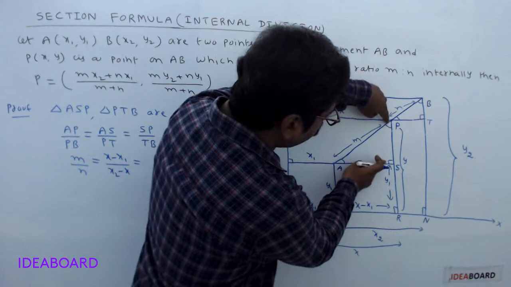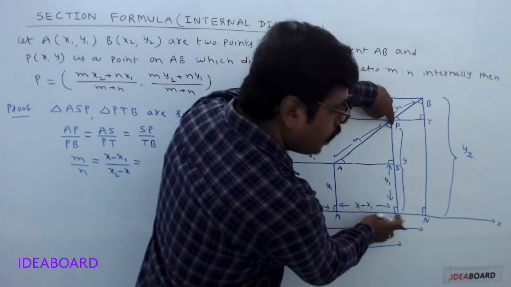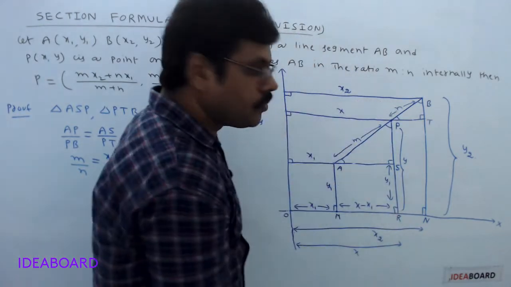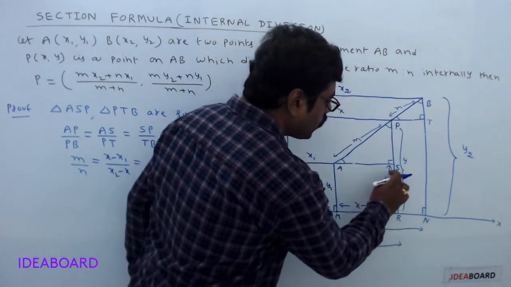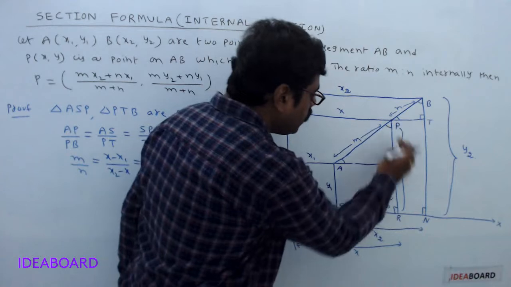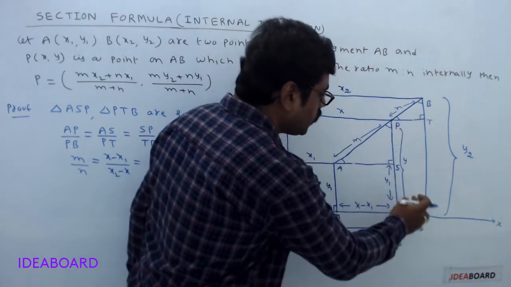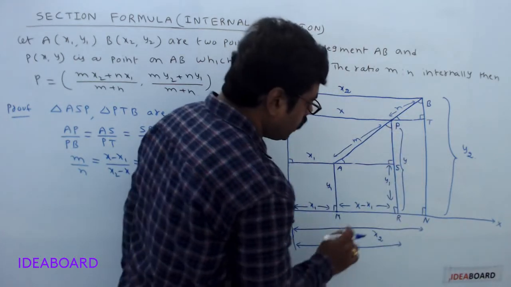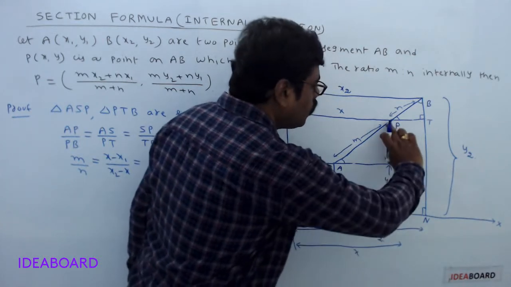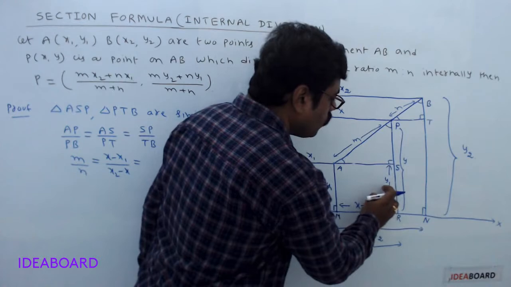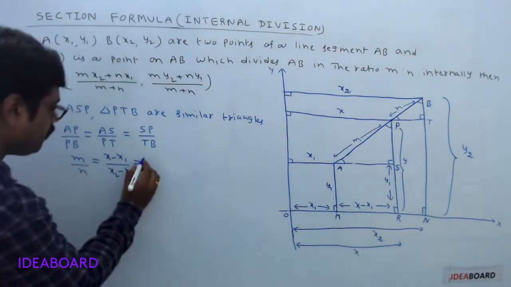This SP can be taken as PR minus SR. PR is nothing but this full length, that is Y, minus SR. SR is nothing but Y1. So PS will be Y minus Y1.